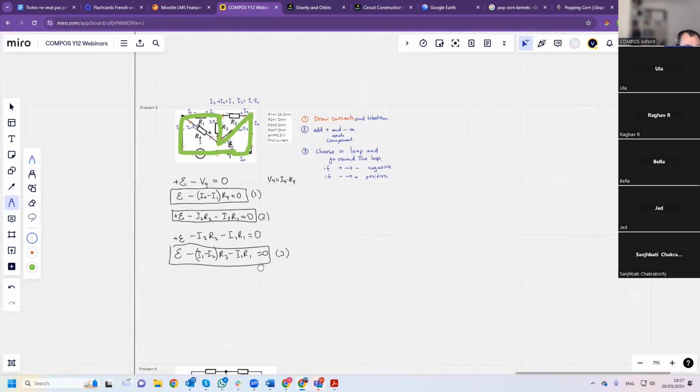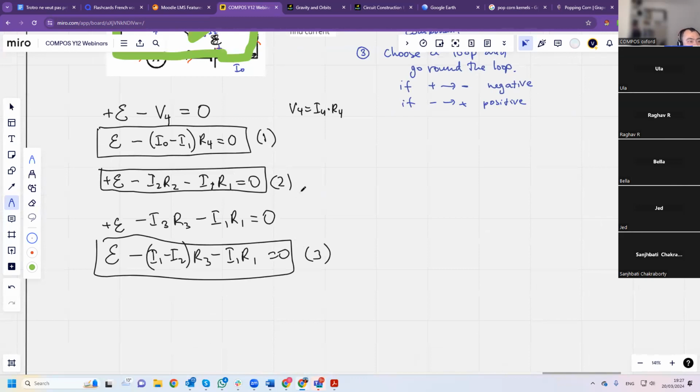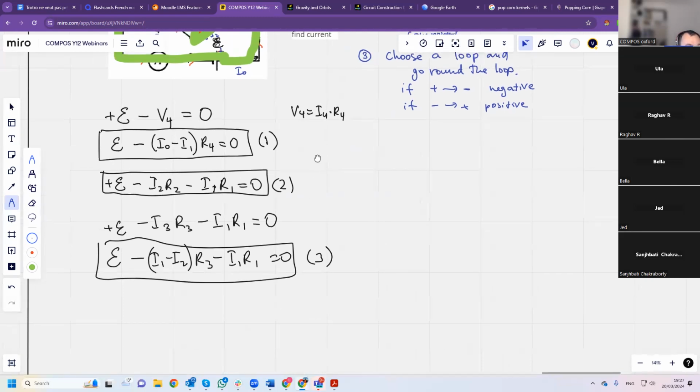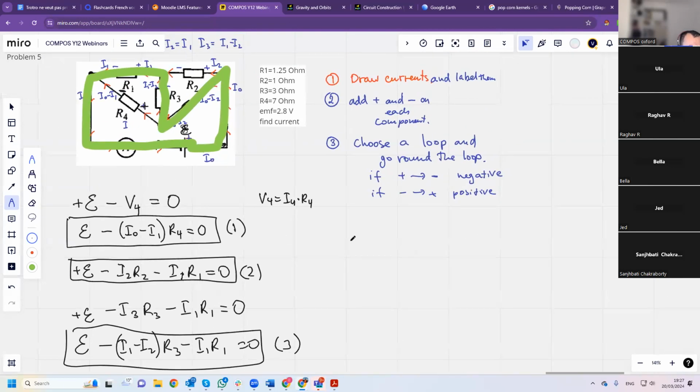All right, so let's see what we can do here. Let's use the values for the resistances and the EMFs. So I'm going to rewrite this. 2.8 minus (I0 minus I1) times R4, which is 7, so minus 7 I0 plus 7 I1 is 0.